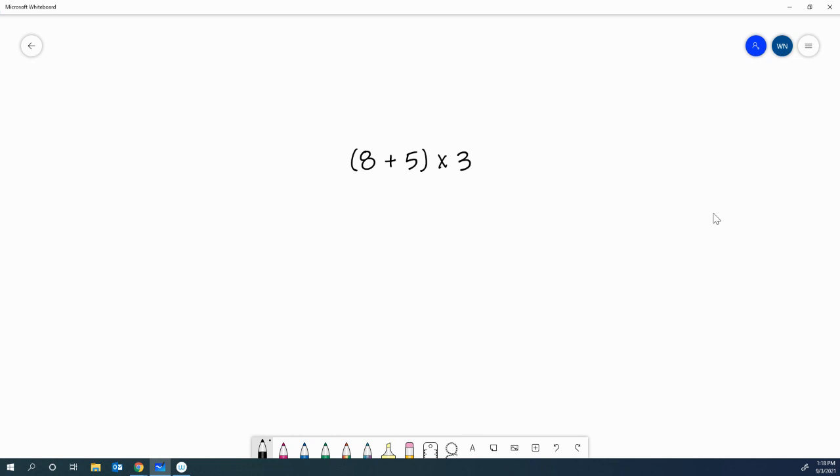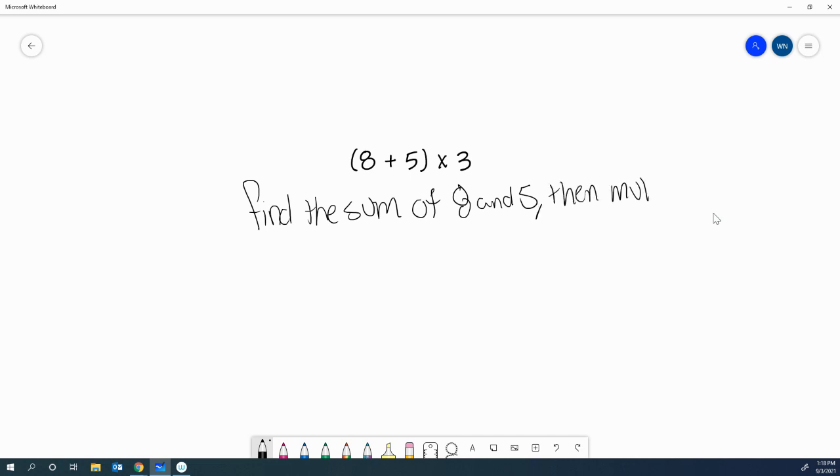Go ahead and solve it, and by solve it, I mean write the words. For this one, you should have said, find the sum of 8 and 5, comma, then multiply by 3.